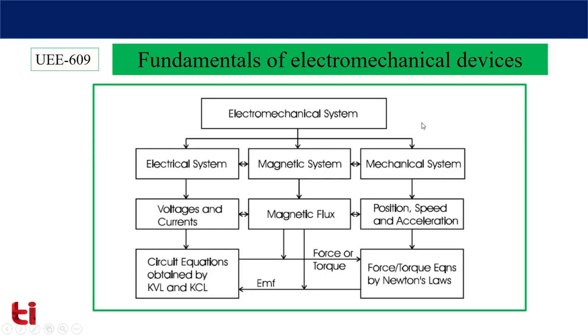And in case of a generator, we have to give mechanical energy as the input, and that mechanical energy is converted to magnetic energy, then to electrical output we are getting. So for a motor, this is electrical, then magnetic, then mechanical, and for a generator, mechanical, magnetic, electrical.